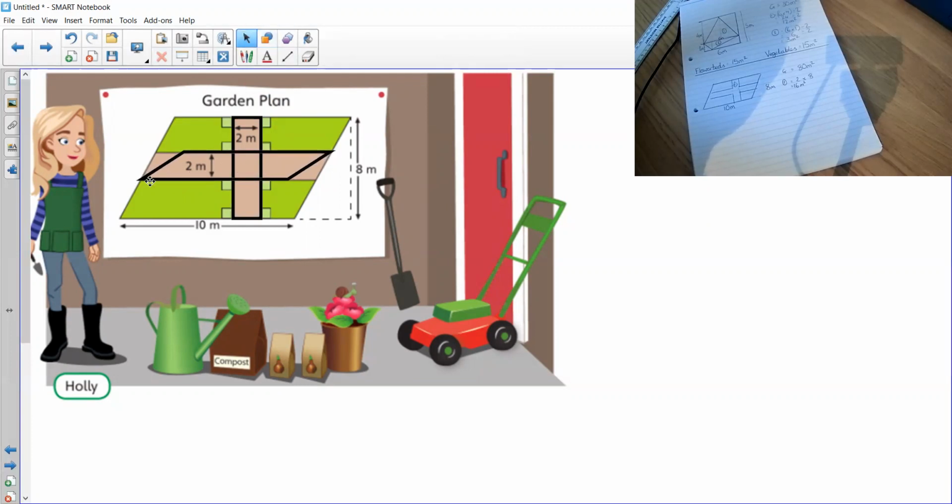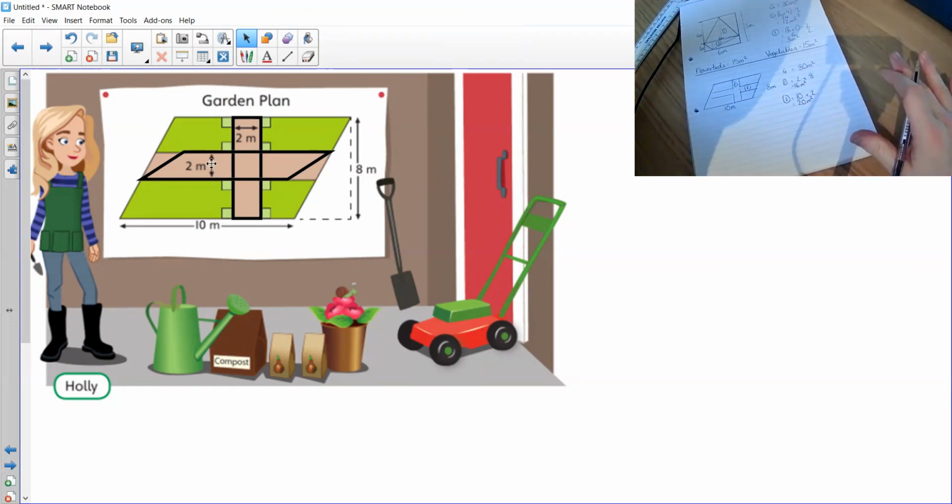Can I work out the area of this parallelogram? Do I know the base? Yes, the base is 10. So let's call this path 2. And what's the height of this path? It's telling me the height of the path is 2. So 10 times 2 equals 20 meters squared.